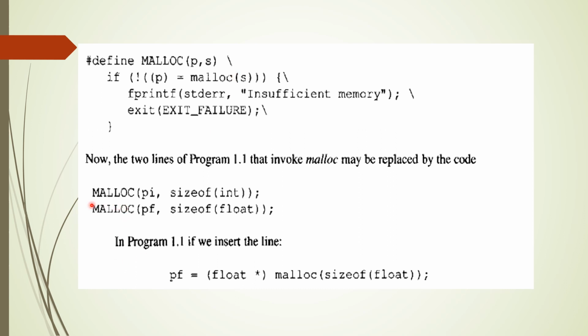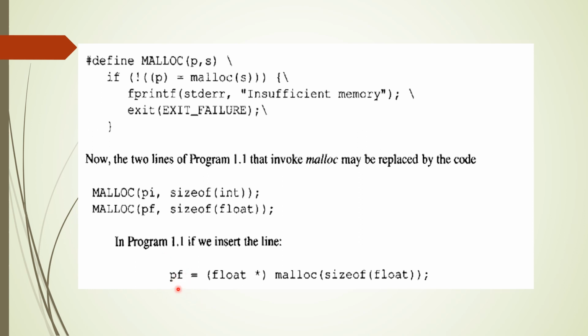Now, in the previous slide we have a statement int *ptr = (int *)malloc(sizeof(int)), which can be replaced with malloc(pi, sizeof(int)).